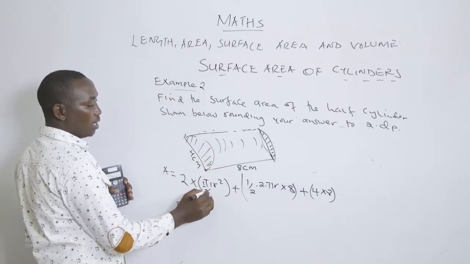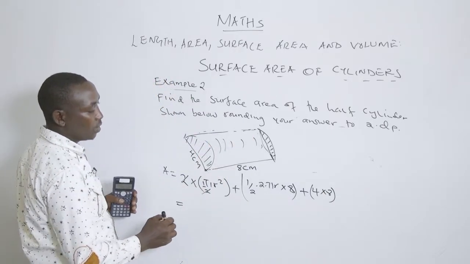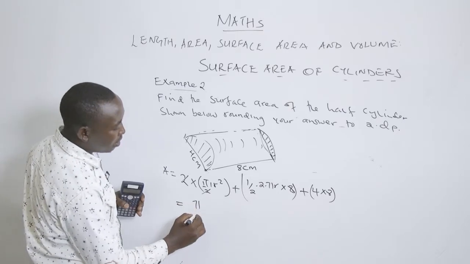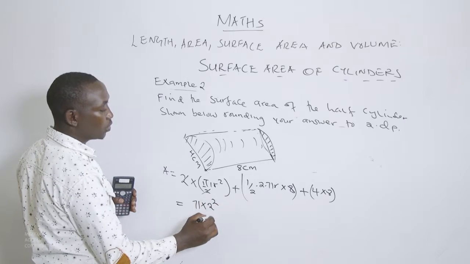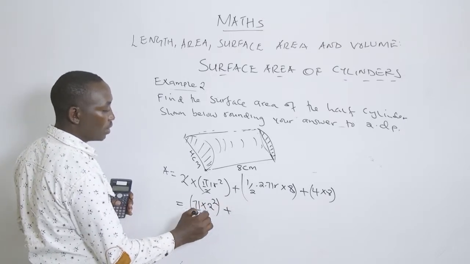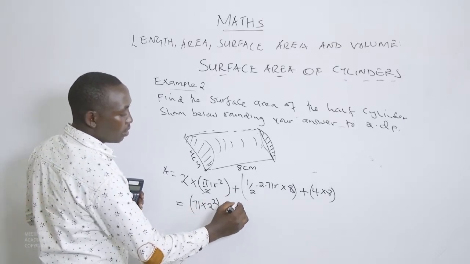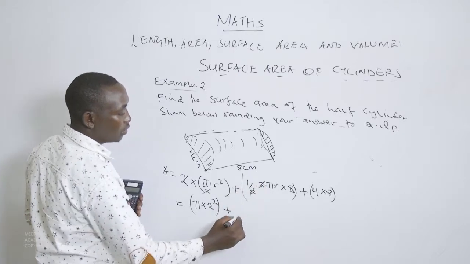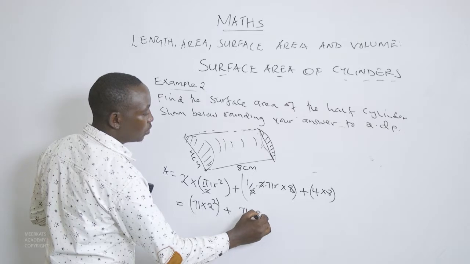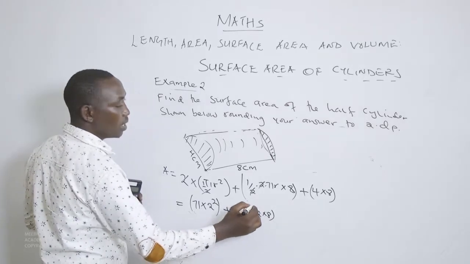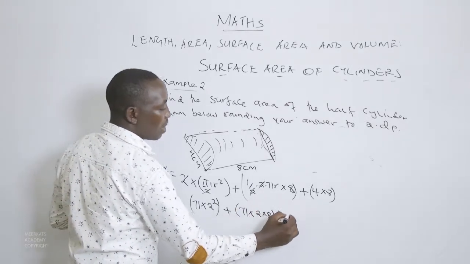In a nutshell, the halves cancel, leaving us with pi multiplied by r, and r is 2 units, so 2 squared, plus pi multiplied by 2 multiplied by 8 plus 4 by 8.